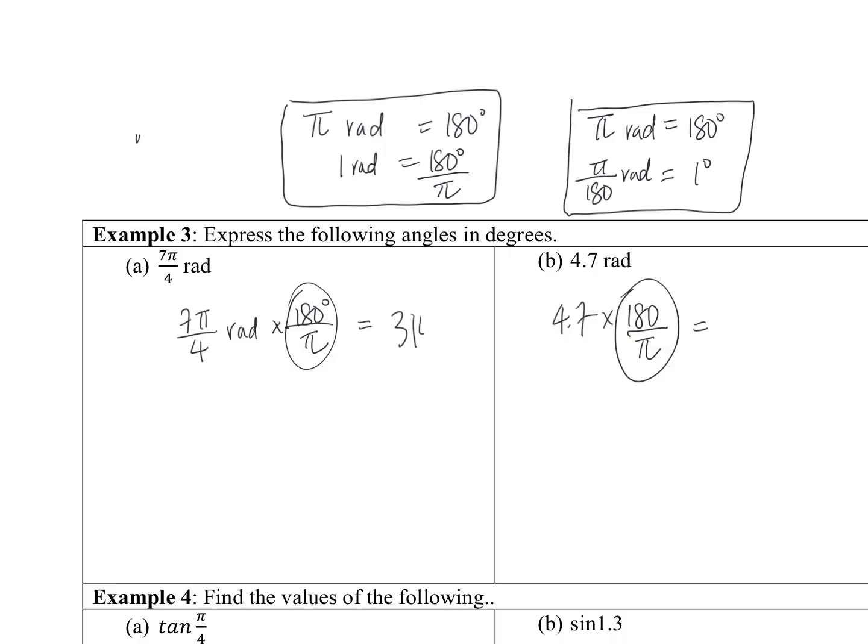So this is 315 degrees, because I want to convert this to 7 pi over 4. If you don't want to skip steps, from here it is 7 pi over 4 rad, so you must times this.